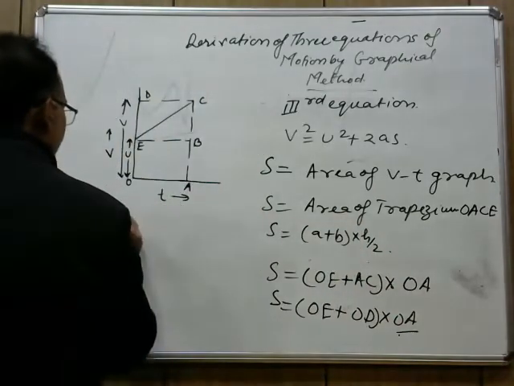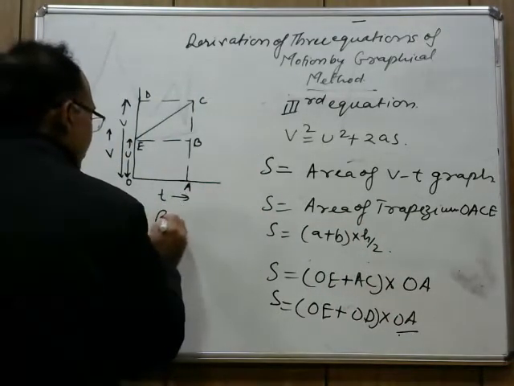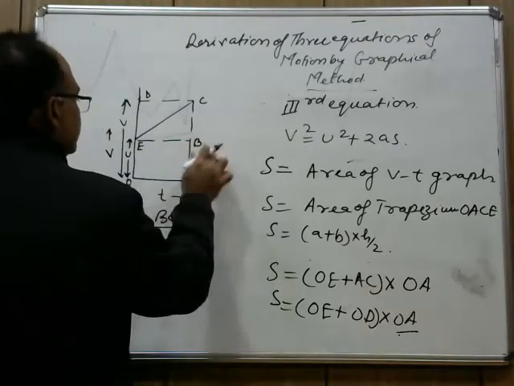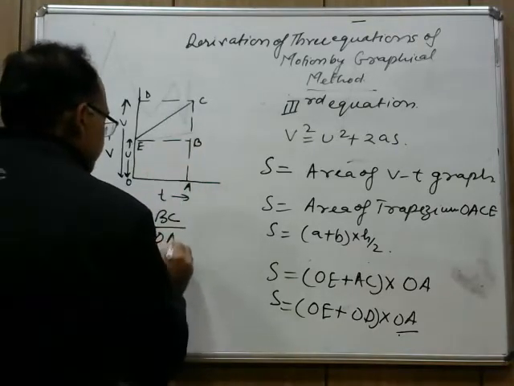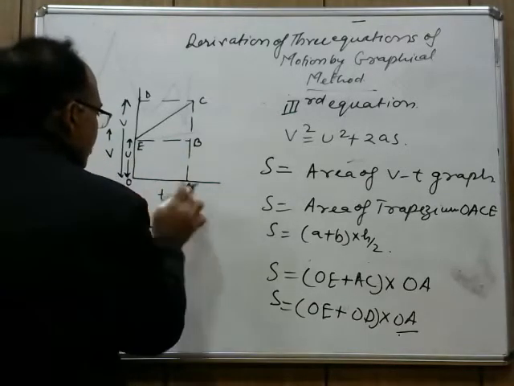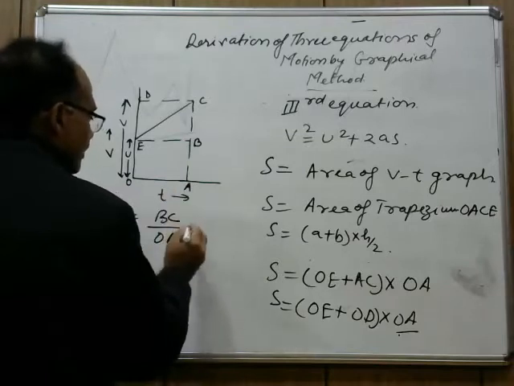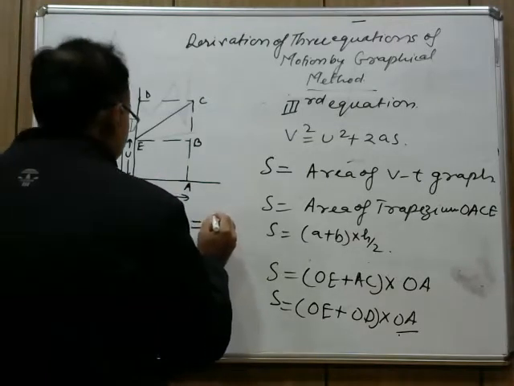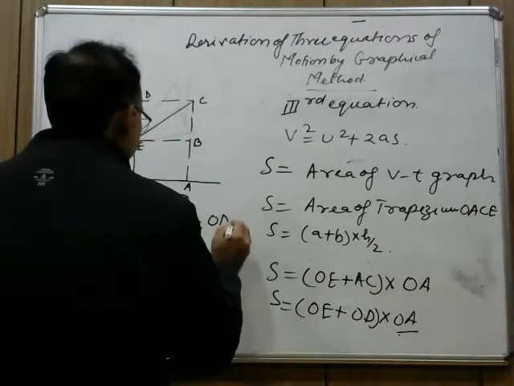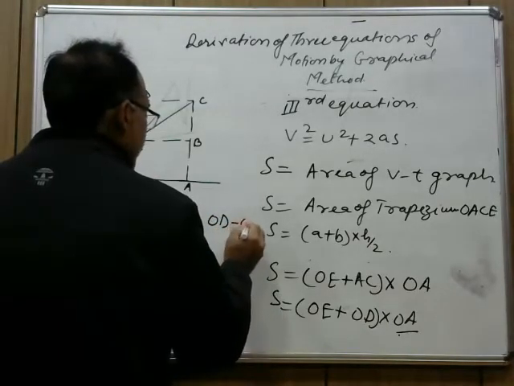Now see how we can transform it. A is equal to BC upon OA. OA means EB, and EB is equal to OA. Directly I am writing OA, and BC can be written as OD minus OE.